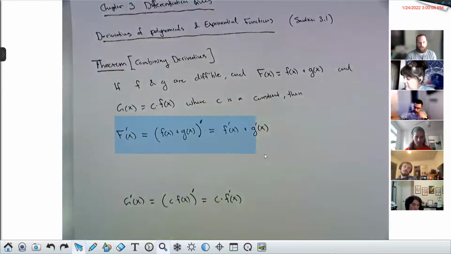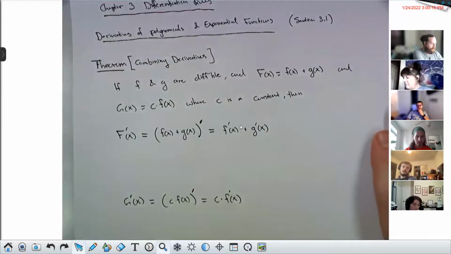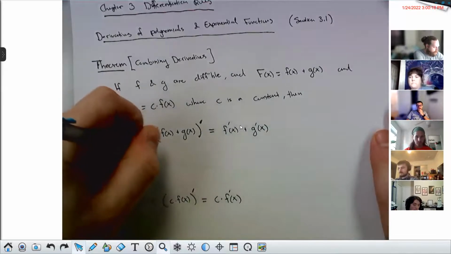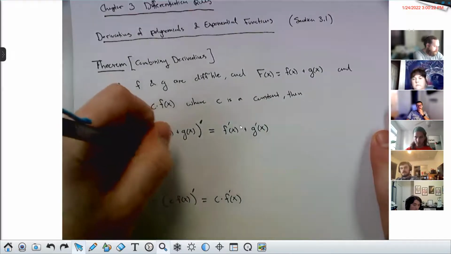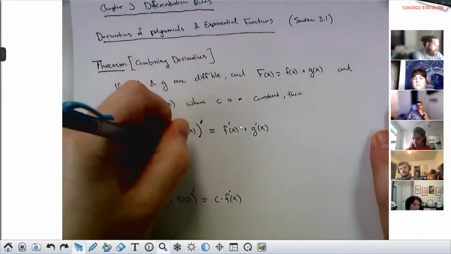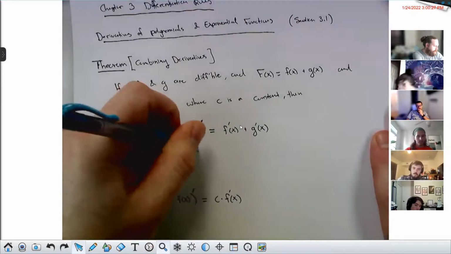The prime notation is closer to what Newton used. The other man who independently discovered calculus was named Leibniz, and his notation was in terms of operators, which is a little bit closer to what modern mathematicians would prefer in this sort of scenario.